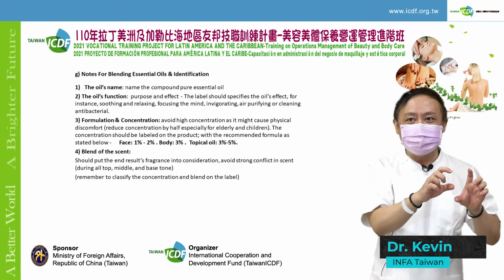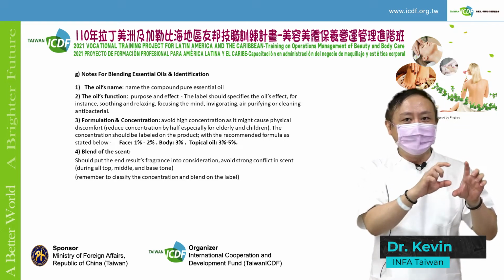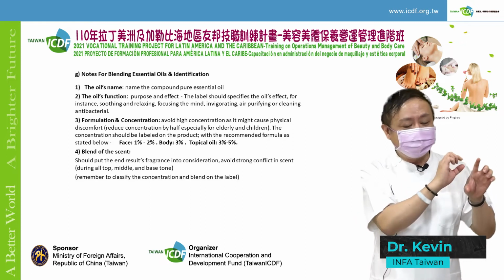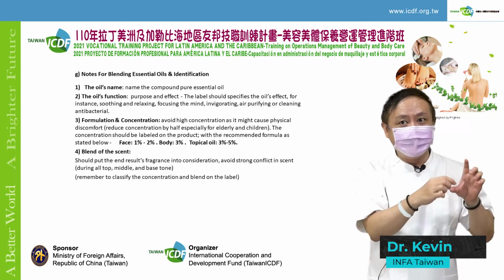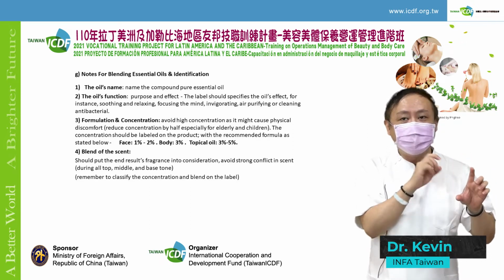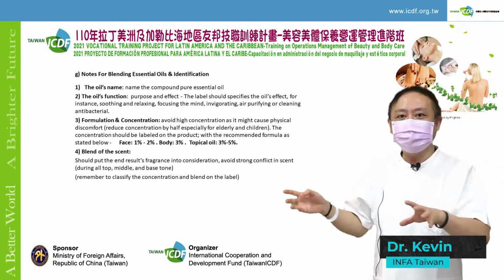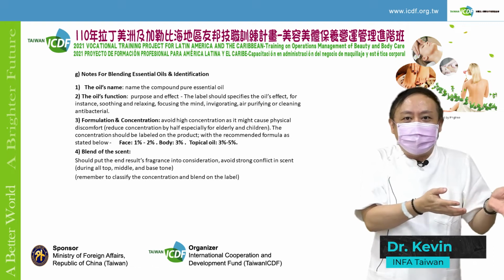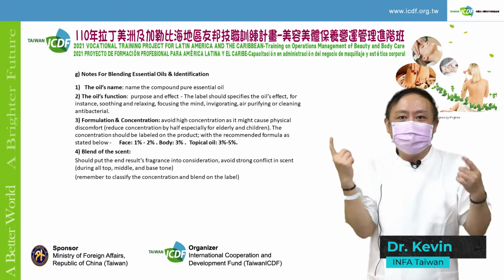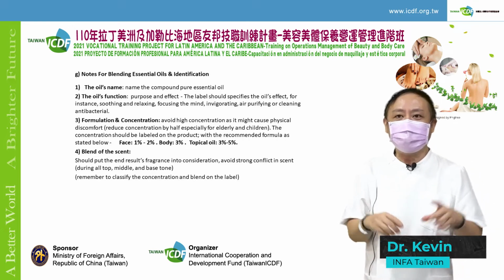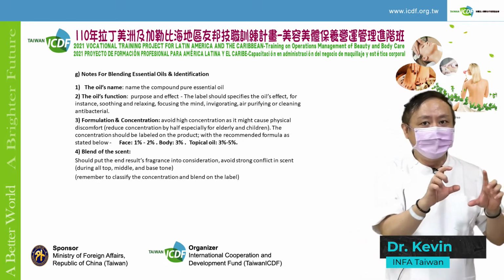You also need to put down the right formulation, for instance, what the concentration is. Otherwise, you wouldn't be able to know what is in there. For instance, if it is an antibacterial essential oil, if you spray it on your face, it will be way too much. So you need to know its function, the name, the concentration, the formulation, and what blend they are. So make sure we also put the label on there.